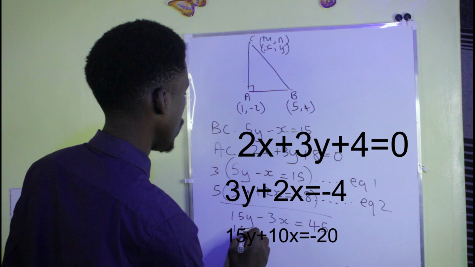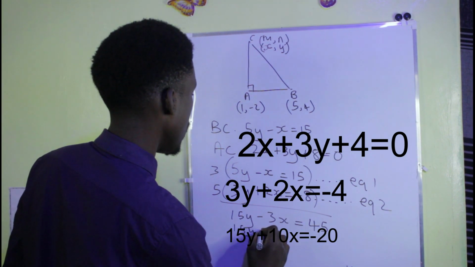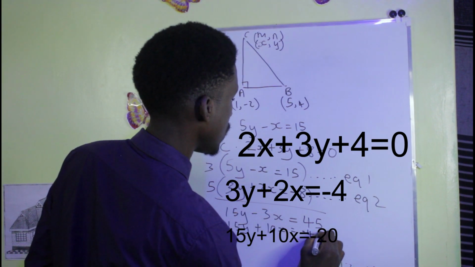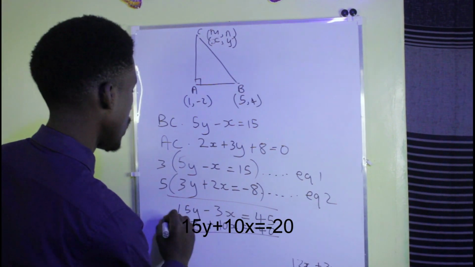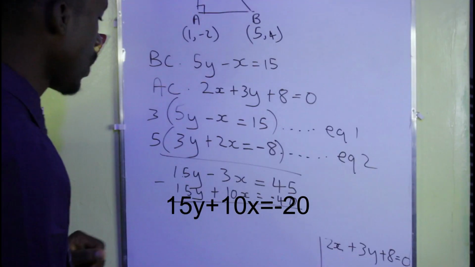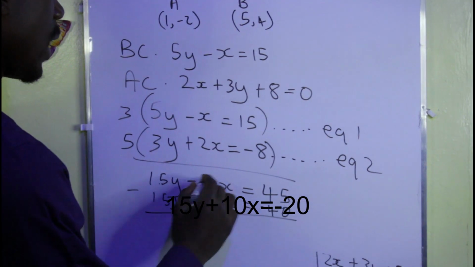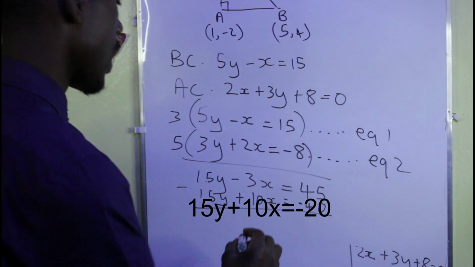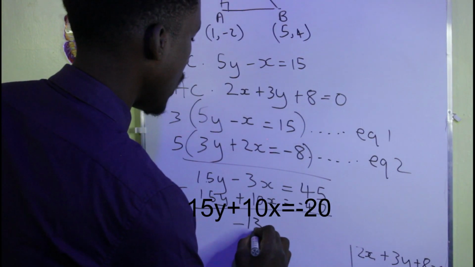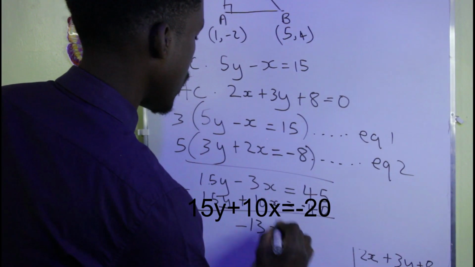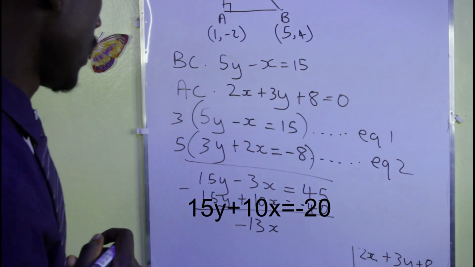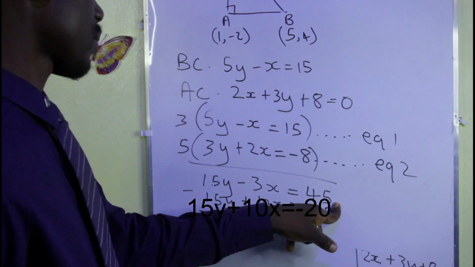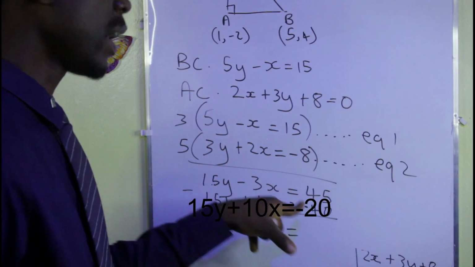Then this one is 15y plus 10x to get negative 40. So when you minus 15y minus 15y, it becomes a 0, and negative 3x minus 10x becomes negative 13x, equals to 45 minus negative 40.